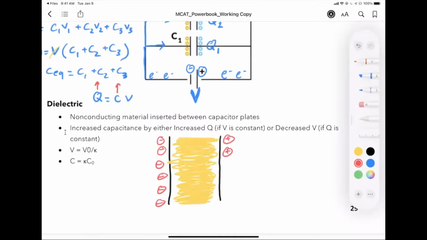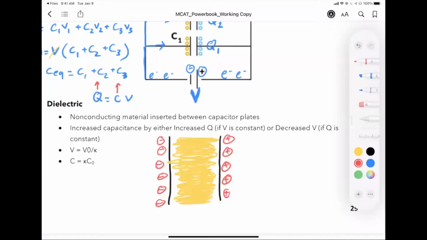And so what ends up happening is the dielectric layer will influence the effectiveness with which the accumulation of charges on this side of the capacitor will influence electrons to move on this side, right?